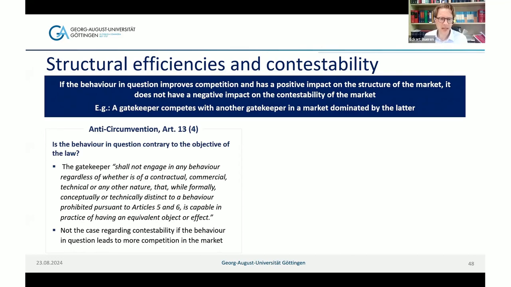It says the gatekeeper shall not engage in any behavior, regardless of whether it is contractual, commercial, technical, or of any nature, that, while formally, conceptually, or technically distinct to a behavior prohibited pursuant to Articles 5 and 6, is capable in practice of having an equivalent object or effect. So it's a very broad anti-circumvention provision.